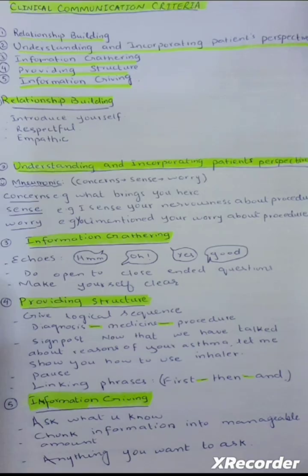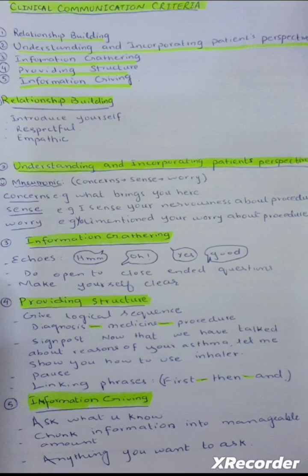For example, you may produce sounds, oh yes, good. And then go from open to close-ended questions, never close to open-ended questions, and make yourself clearer. For example, your patient might say that I just went through this procedure, and while on the operation table, I was feeling funny. So just clarify. Would you mind telling me what you mean by funny?